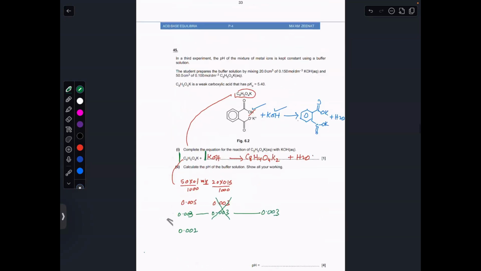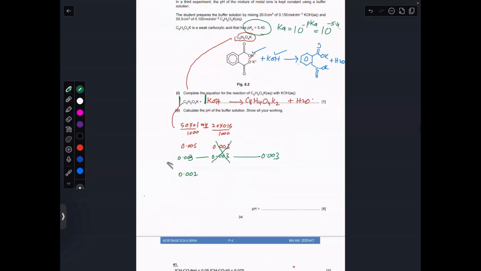Do we have the K value? Yes, we know the pKa value. So what is the Ka then? 10 power minus pKa, 10 power minus 5.4.